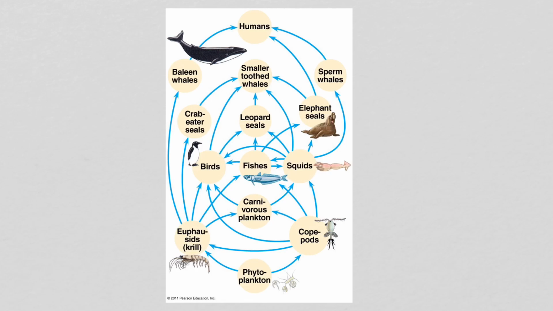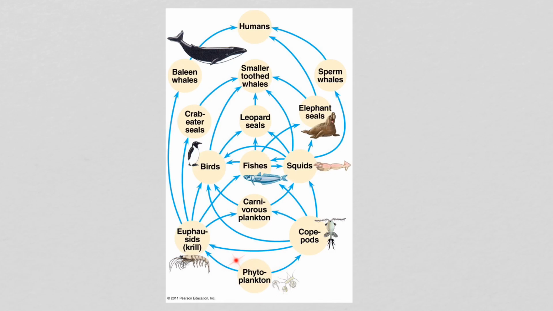And food webs are just way more complex, but they show a more accurate representation of an entire ecosystem. Okay? Now, we can do the same thing that we did there.